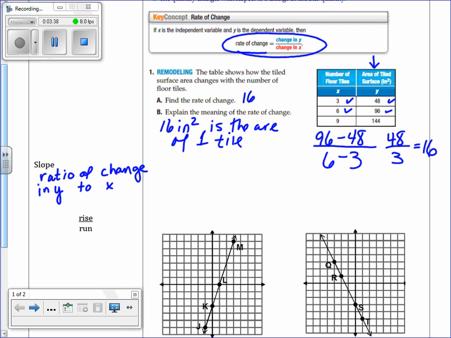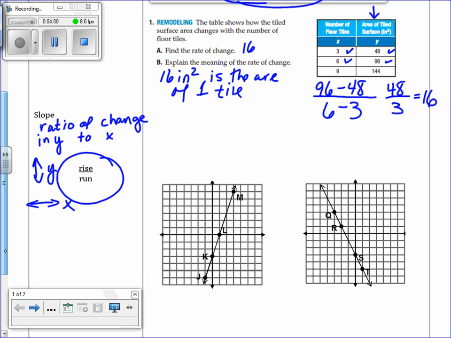Another way that you might see that is rise over run. Remember, y goes up and down, right? That's our y. And run, we say left and right. That's our x coordinates. That's why, again, with rate of change we took y over x. Here with slope, we're talking y over x.